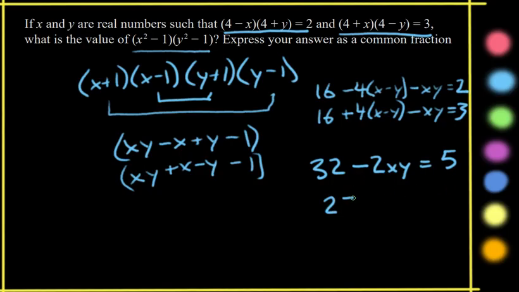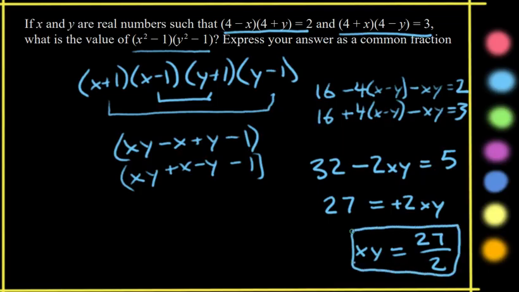We get 27 equals 2xy. So that means xy is equal to 27 halves. Okay, so that's one part that we were looking for. We wanted that to be able to figure this out over here.